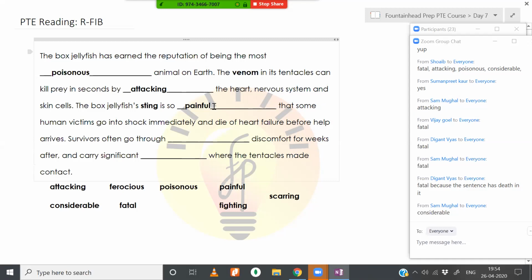Out of 100, more than 80 people usually go with fatal. So it's not fatal here; it's painful.